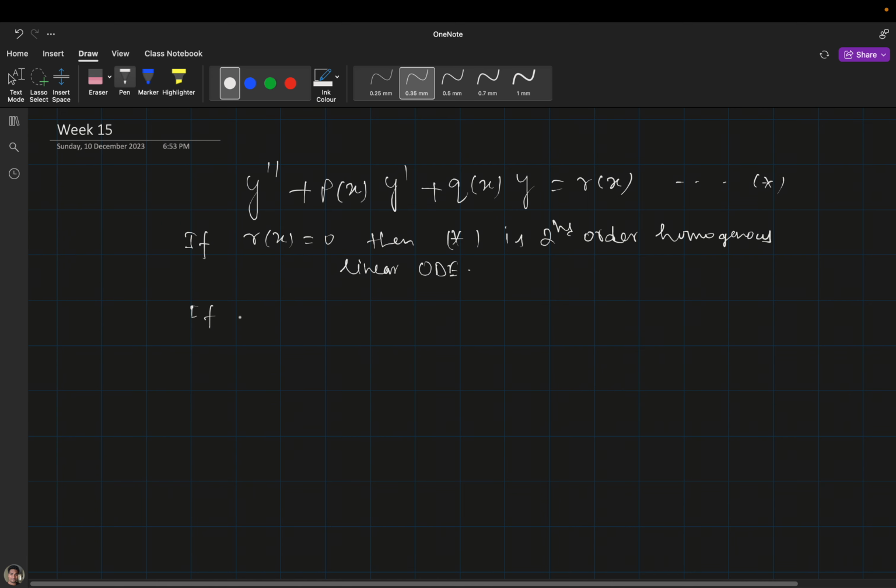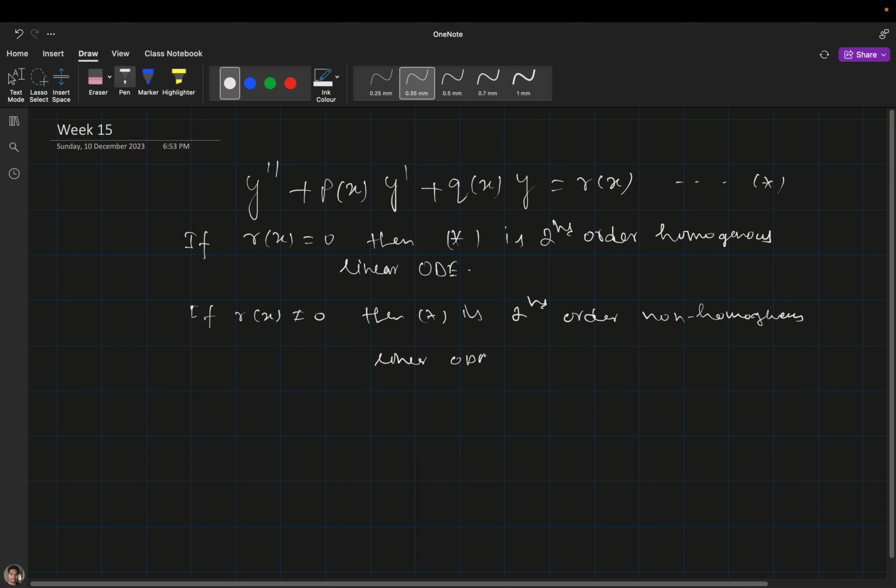And if r of x is not equal to 0, then it is a second order non-homogeneous linear ODE.